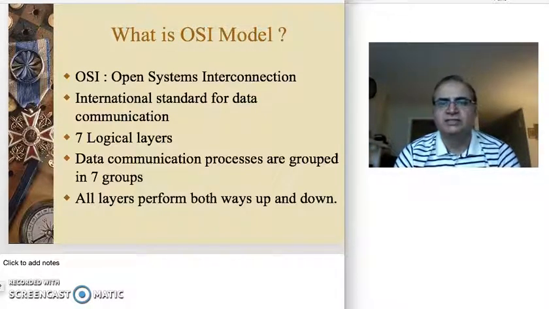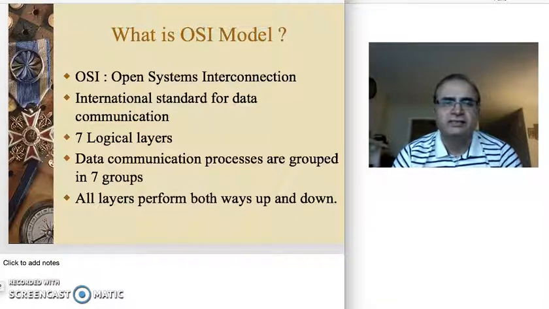So what is the OSI model? It is Open Systems Interconnection. As I mentioned, it is an international standard for data communication. It has 7 logical layers. It is important to understand that these 7 logical layers are not something physical in the computer system itself.